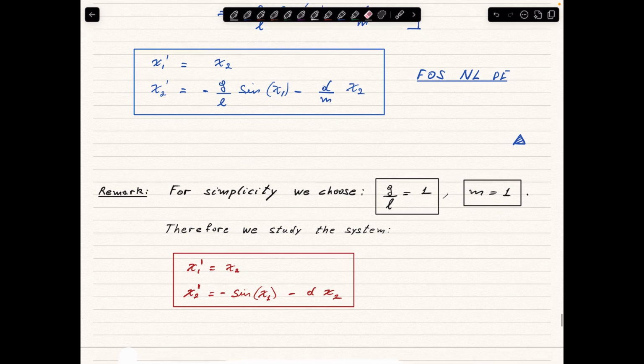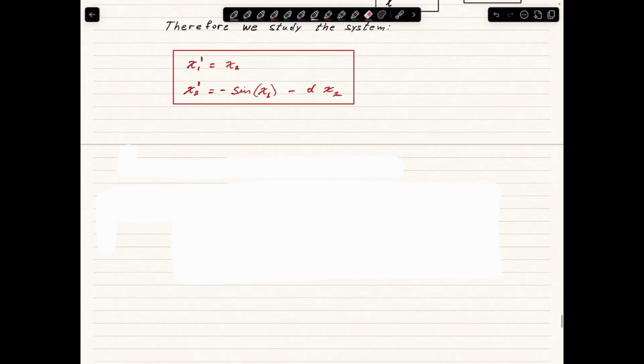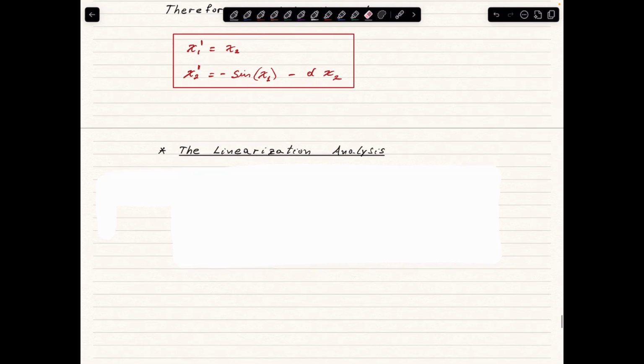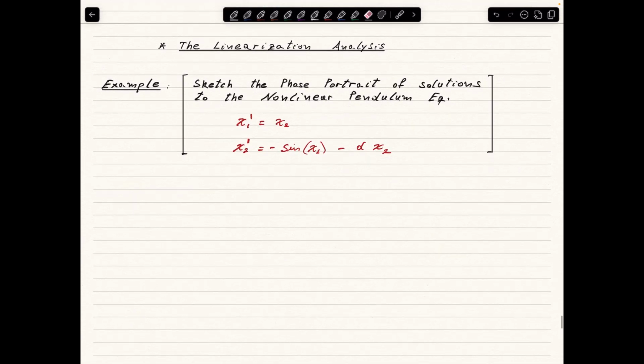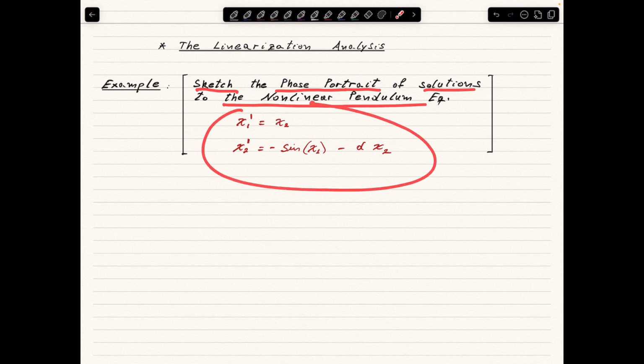Now that we have the system of equations that describe the nonlinear pendulum, we can start our linearization analysis. The linearization analysis is to sketch an approximate phase portrait of solutions to the nonlinear pendulum equations, which are these equations.